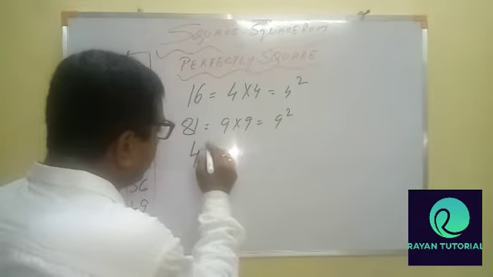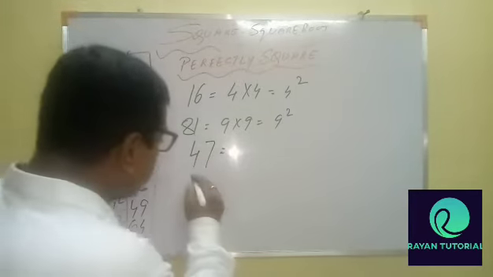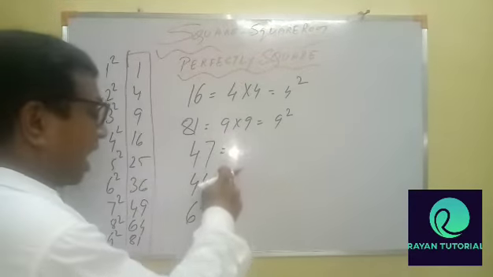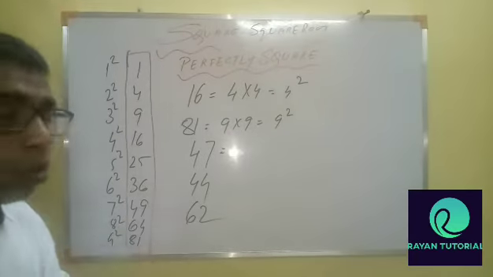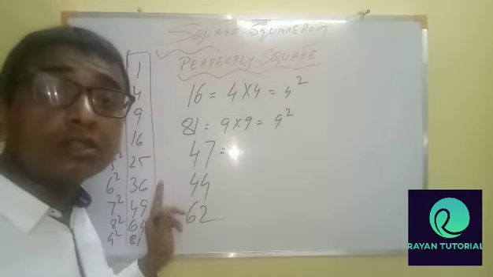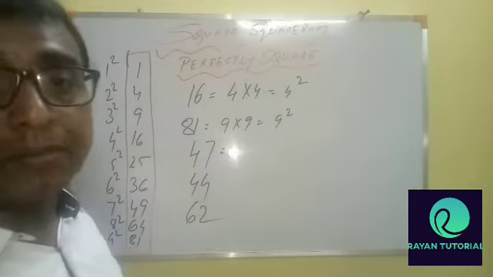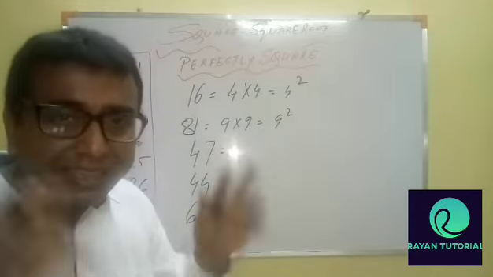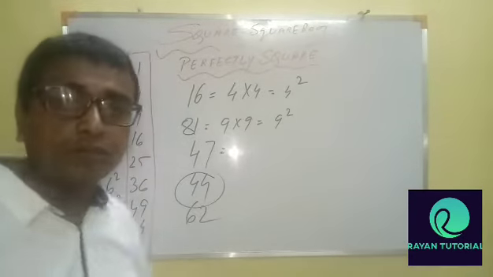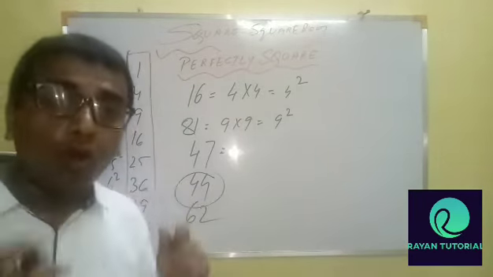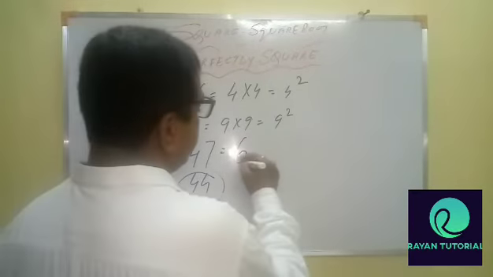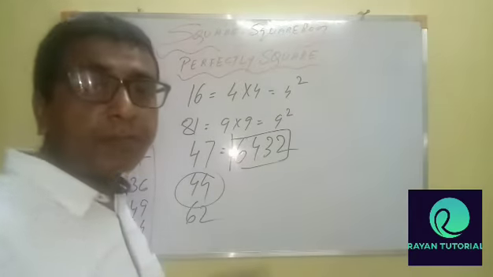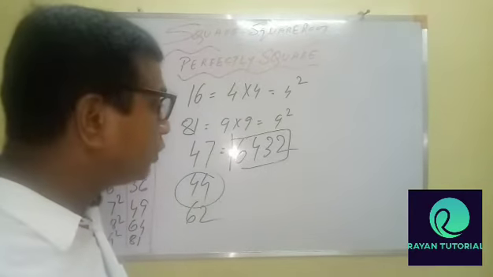But suppose if I say 47, if I say 44, if I say 62, are they squares? No. They are not perfectly square numbers, because you cannot multiply any number with that same number to get this 44. Now how will you know? Suppose if I say 6432. Tell me whether this is a perfect square or not. So what we should do?